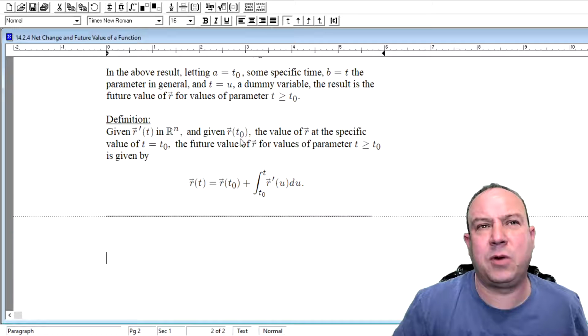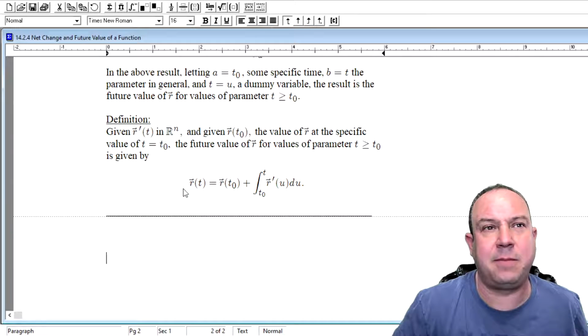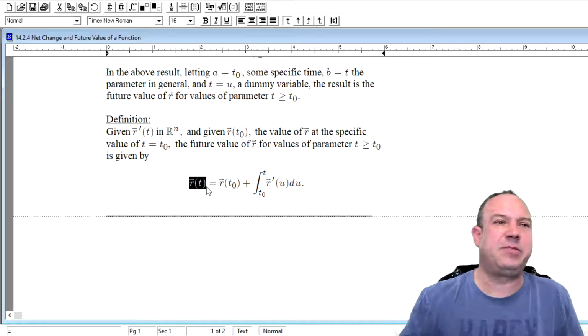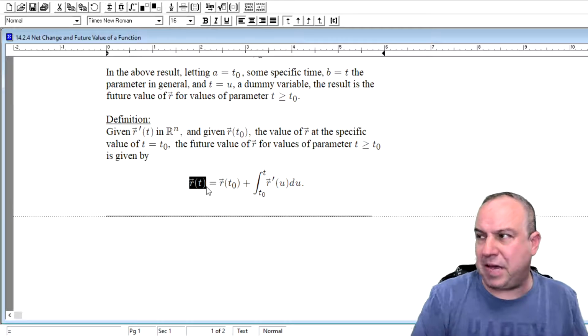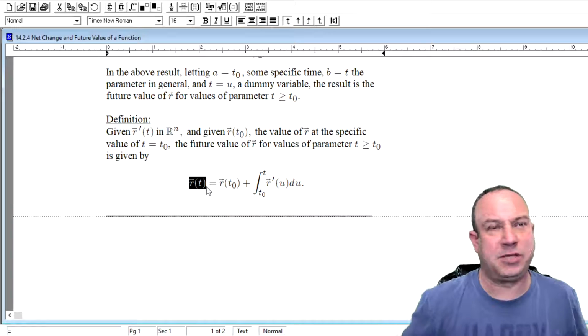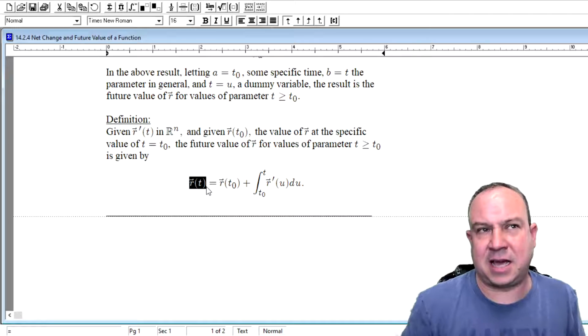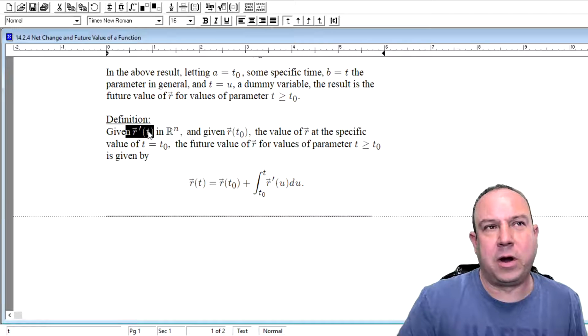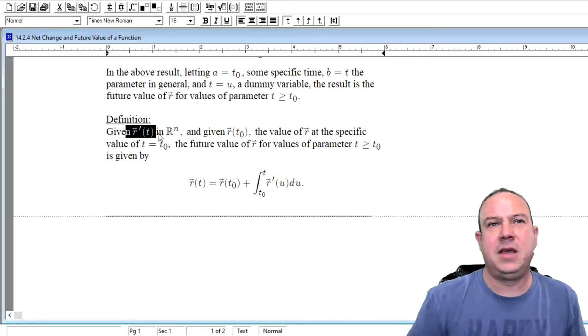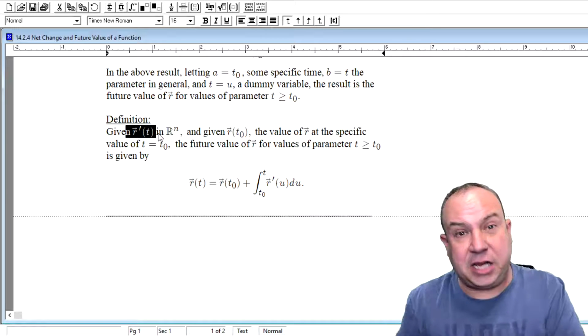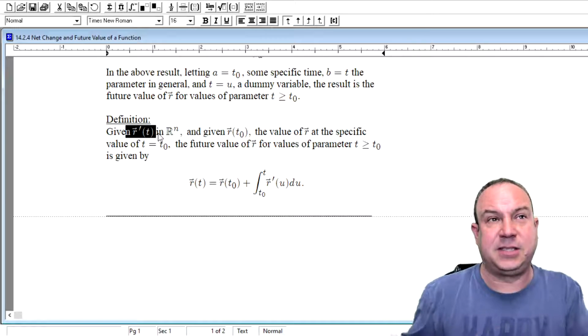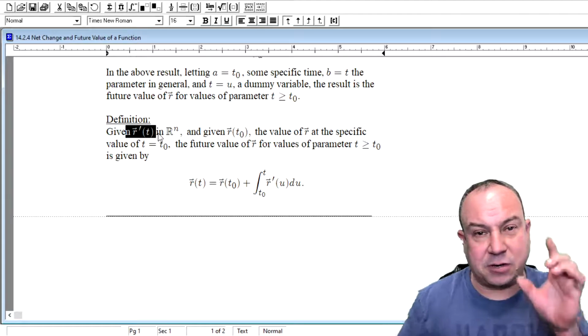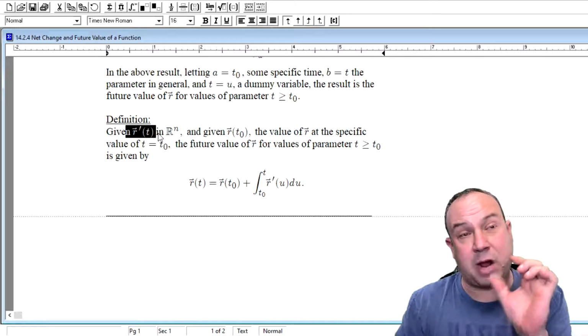Because keep in mind, what does r bar at t describe? R bar at t describes position in space at time t. Position in our n-dimensional space in time t. What does r bar prime at t describe? It describes the rate of change in our position in space at parameter t. Now, I think I may have said time earlier, I mean parameter t.